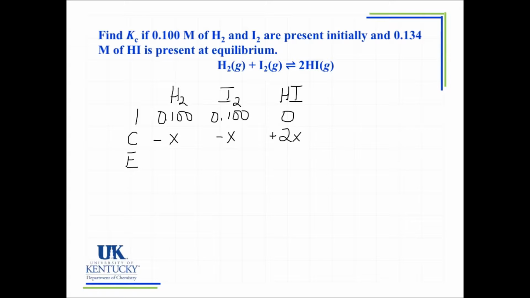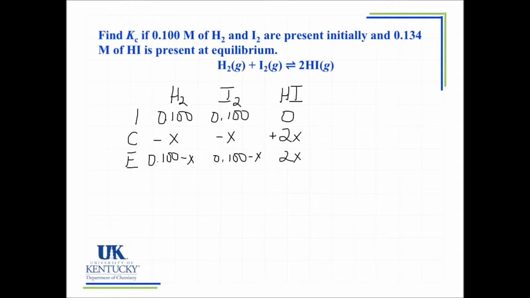And if I look back at the stoichiometry of my equation, what I see is that it's a 1:1:2 ratio in my balanced chemical equation. Now I can look at my equilibrium row, and all I need to do is sum the initial and change rows. So my equilibrium concentration of H2 is 0.100 minus x. It's the same for I2, and for HI it's equal to 2x.